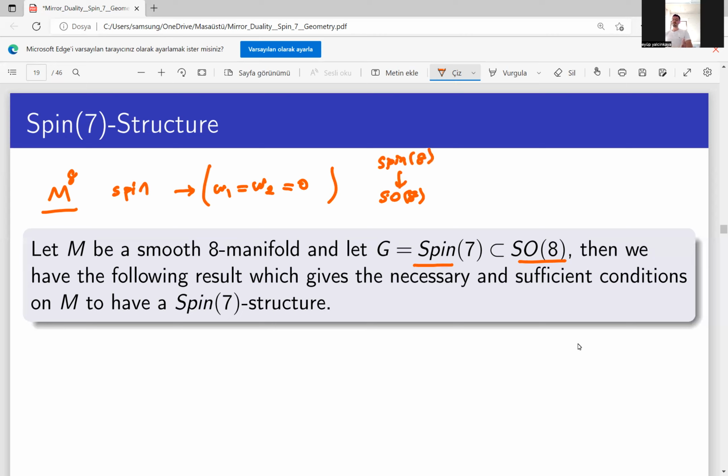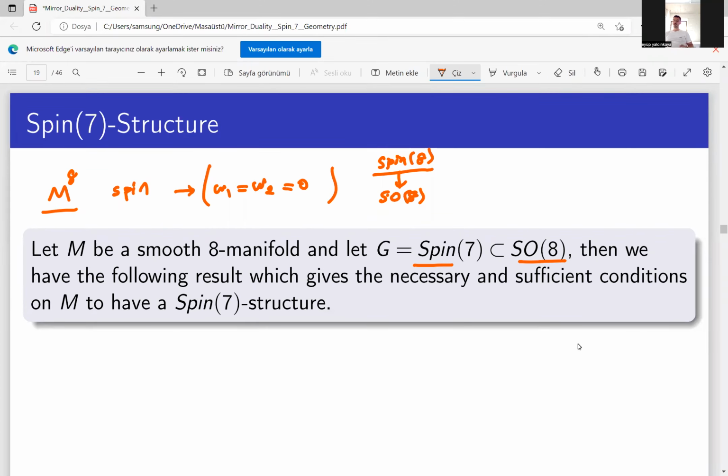Because we are living in an 8-dimensional object, and the structural group is an element of SO8, and if it has a spin structure, this means that we have a Spin(8) double cover of SO8. Okay, so M has to have a spin structure.